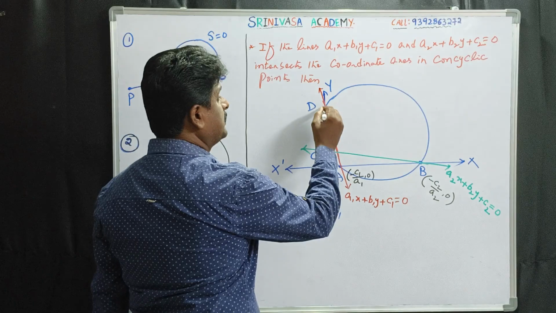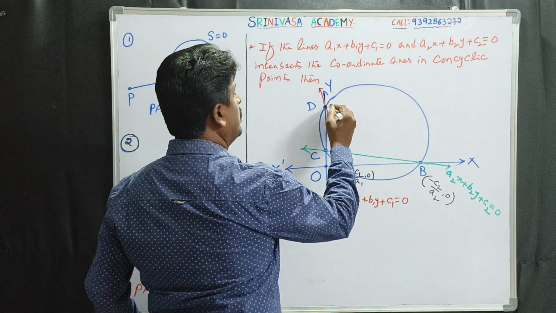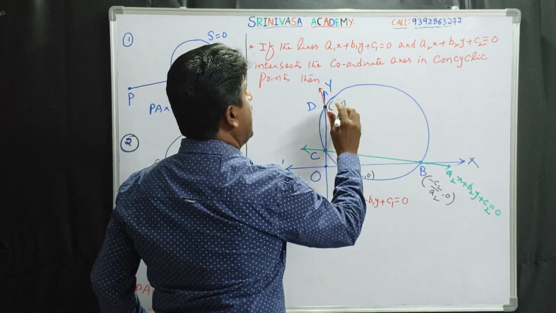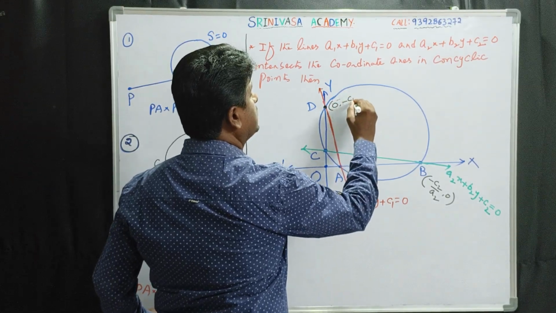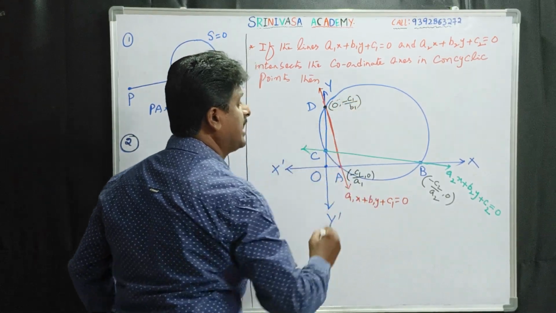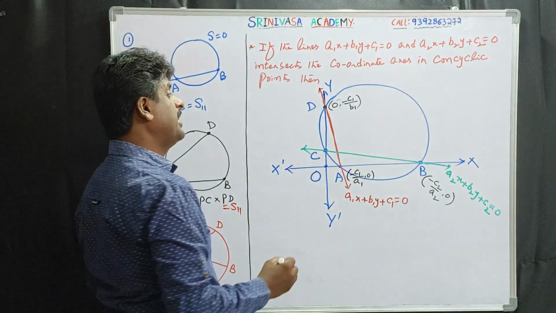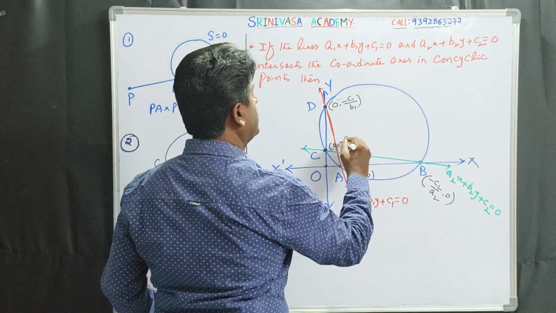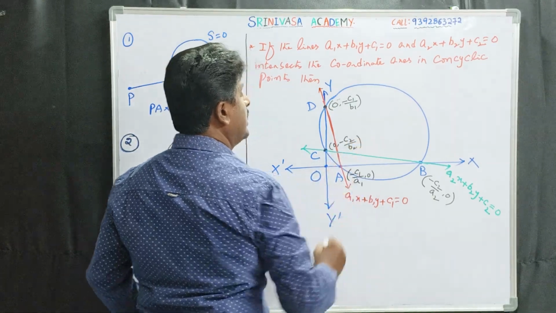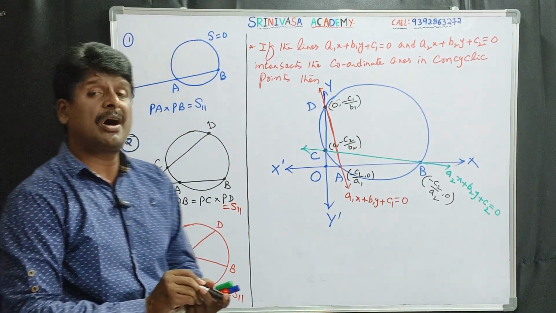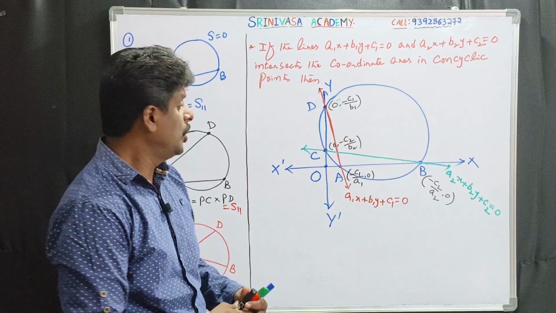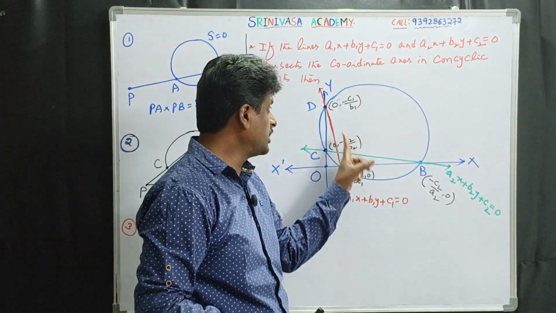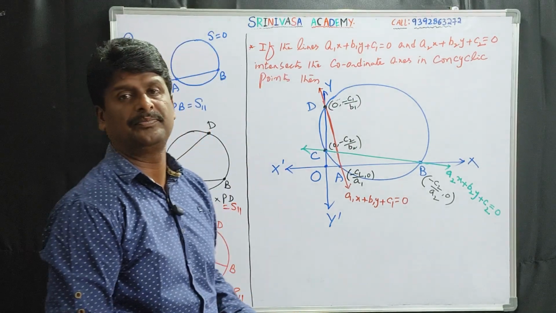And y-intercept of the first line will be minus C1 by B1, so we can take it as (0, minus C1 by B1), and this is (0, minus C2 by B2).